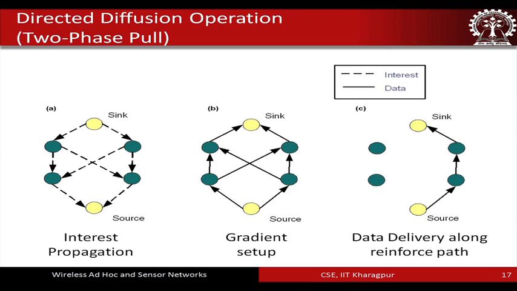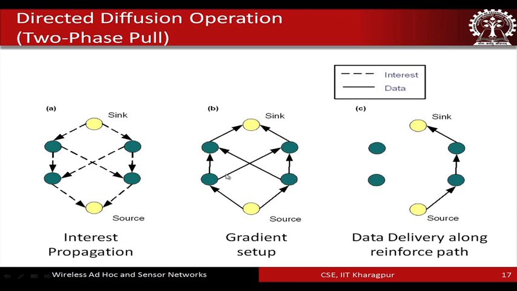sense a particular object? Then this will be broadcast and propagated all through, and let us say that this yellow colored node acts as a source node, because it indeed senses a particular object, and then it will respond back along the reverse path.